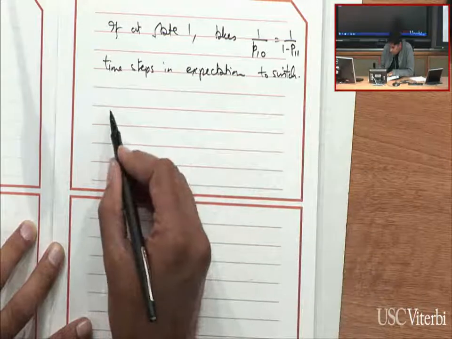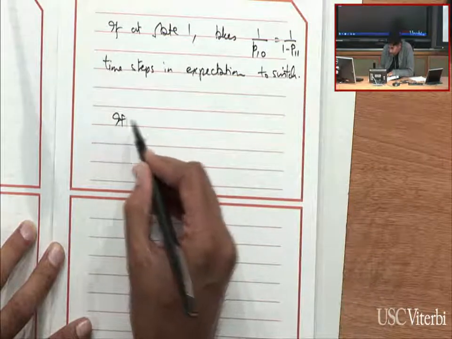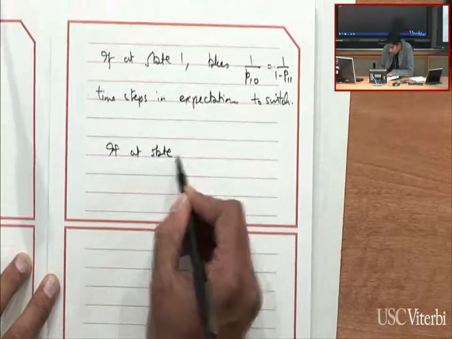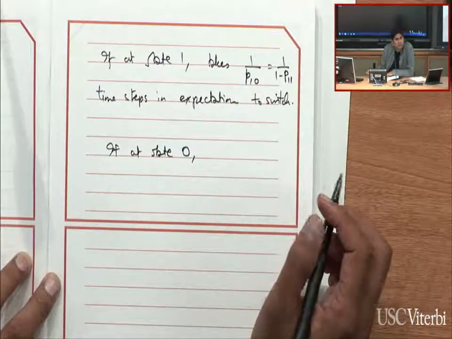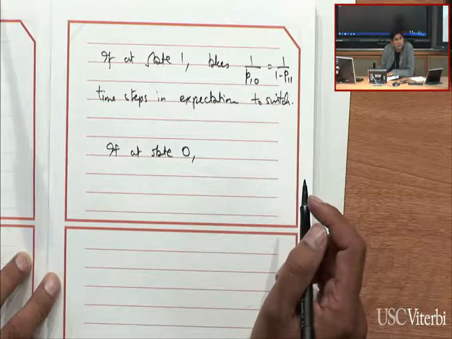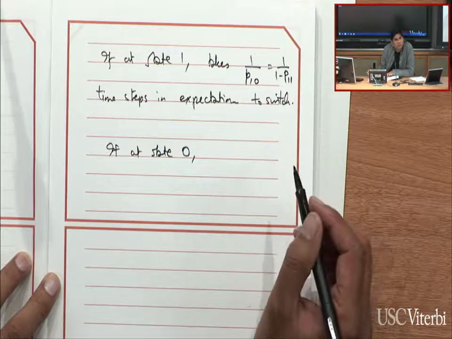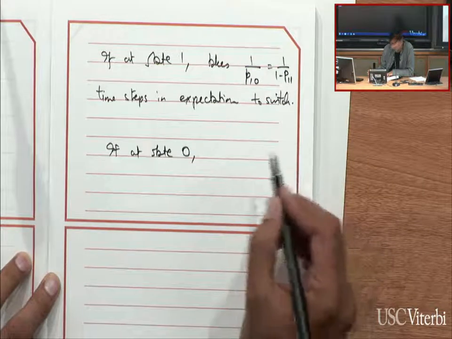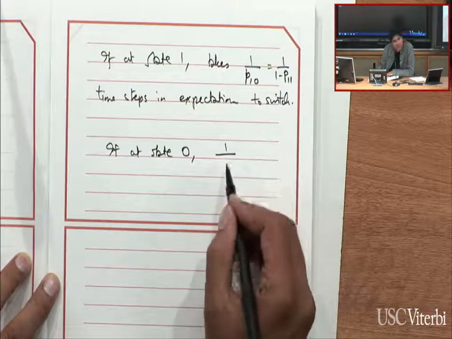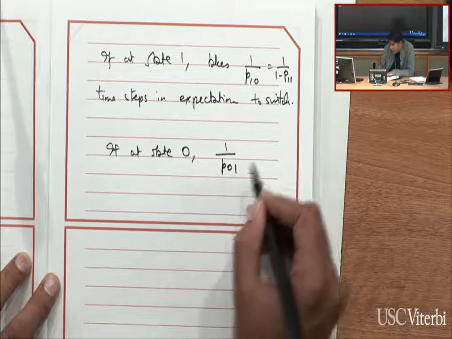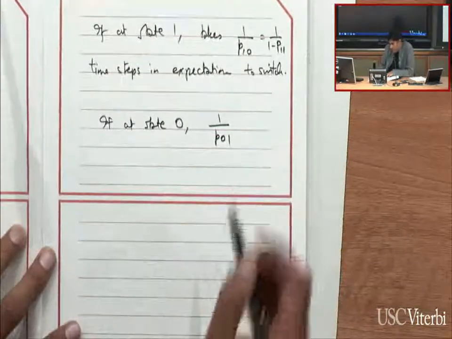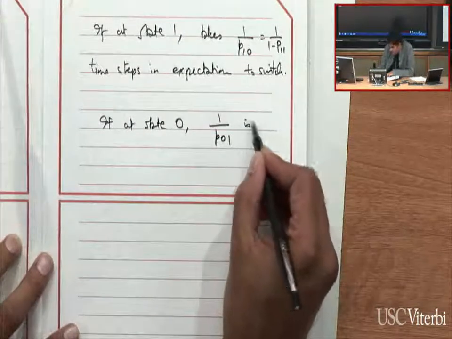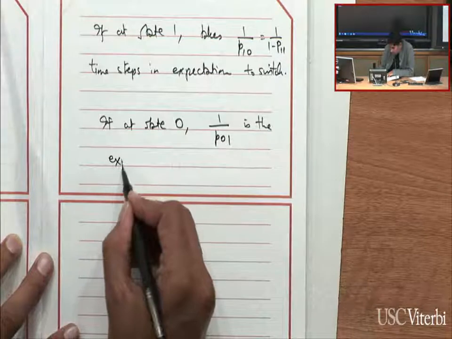Okay. Similarly, if we're at state 0, then how long would it take to switch? One over p01. And we're just using p11 and p01 as our parameters, so that is the expected time to switch.